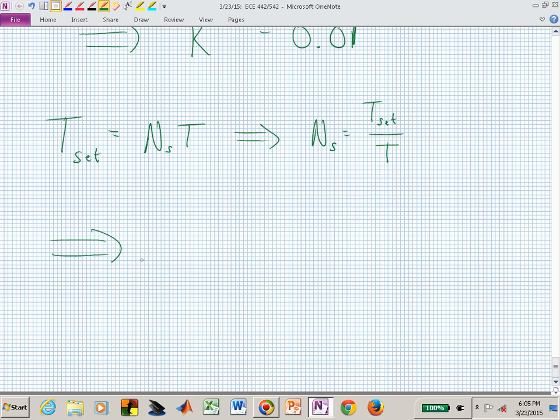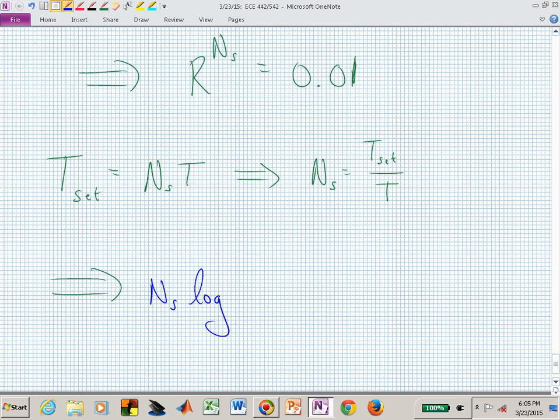Since I've got 0.01 on the left, let me take base 10 log of that, so that I now have N sub S log base 10 of R equaling -2.